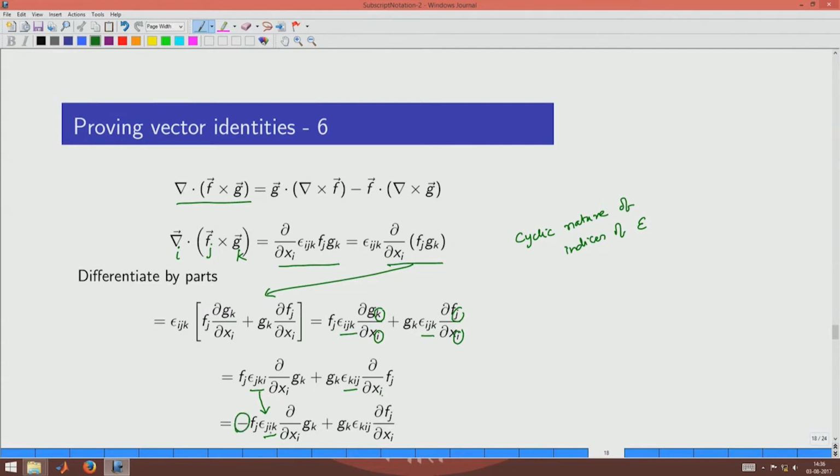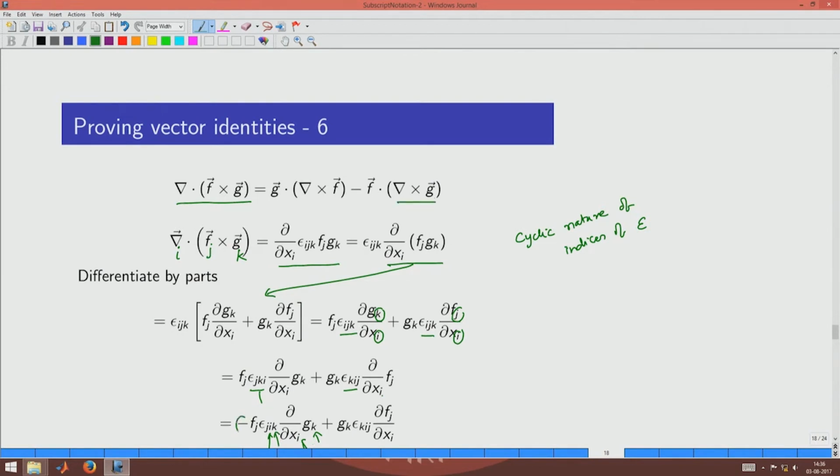So, jki, jik, I am swapping the last 2 indices, and therefore, I put a minus sign. The moment I do swapping of indices, then I see that the second index is i, third index is k, second index is i, third index is k. So, then I can write this quantity as del cross g, and that is exactly what is done here, del cross g.